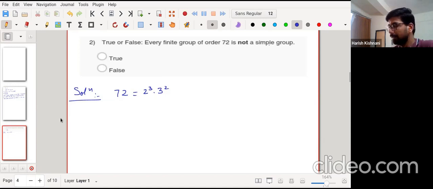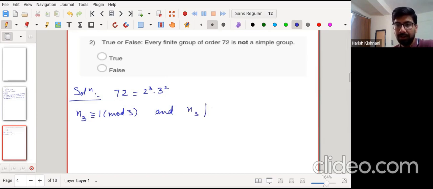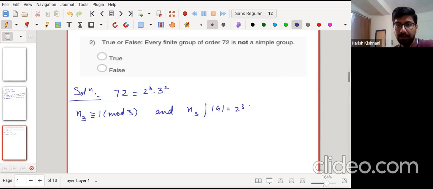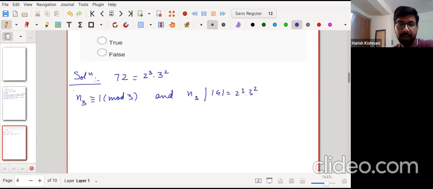Now the number of Sylow 3 subgroups, we are denoting it with n3. So n3 is congruent to 1 mod 3, and I'm not rewriting which theorem it follows through. I hope it's clear to everyone till now. And n3 divides the order of G, but n3 is co-prime with 3.